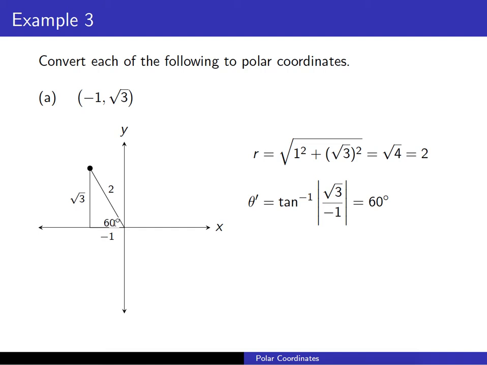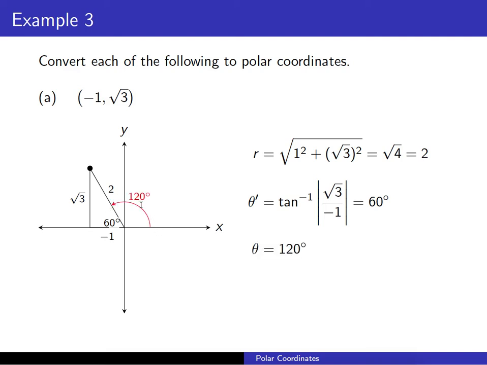So this radius, this hypotenuse here, makes a 60-degree angle with the negative x-axis, which means we want to figure out, starting from 0, how many total degrees we rotated to get there. We would have gone 180 degrees to get to the negative x-axis, but we stopped 60 degrees short.